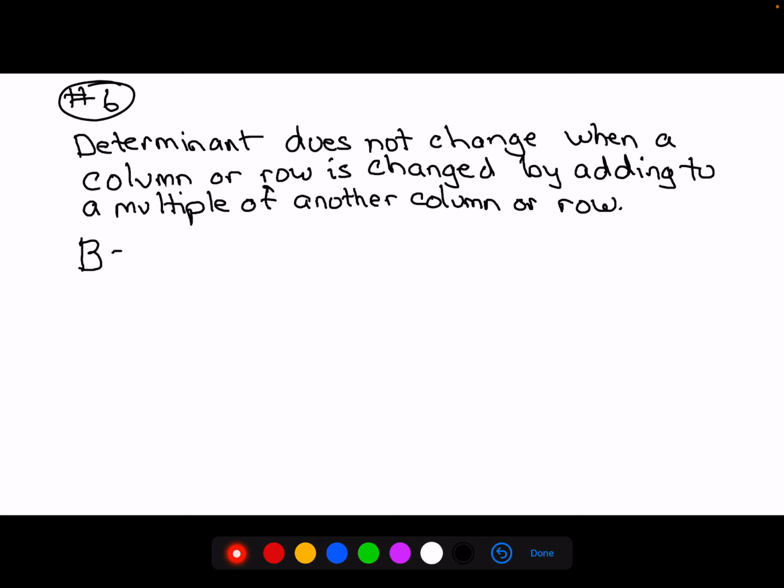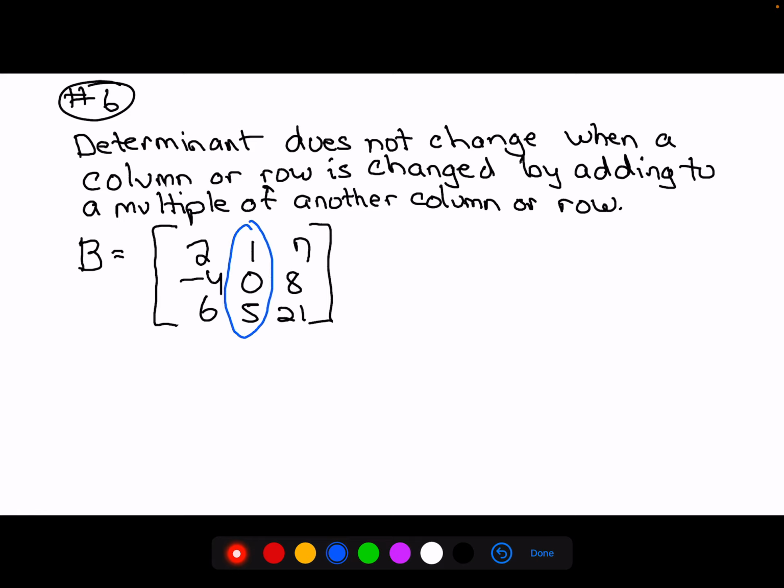Okay, so let's say you have matrix B with 2, 1, 7, negative 4, 0, 8, 6, 5, 21. I think I'm going to use column 2 for this one and find the determinant of B. So I've got to remember minus, plus, and minus for that one.